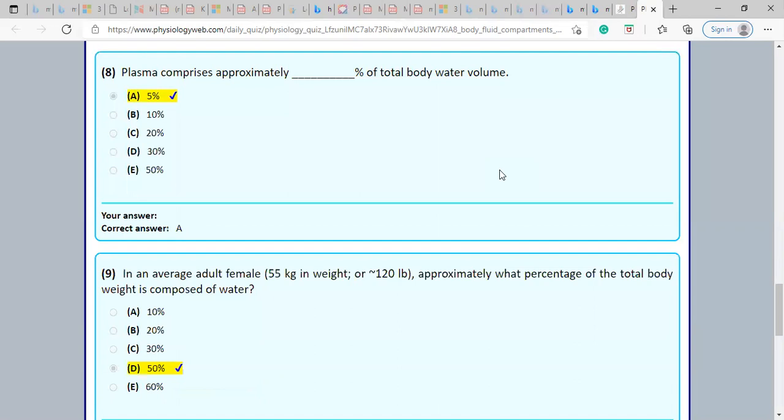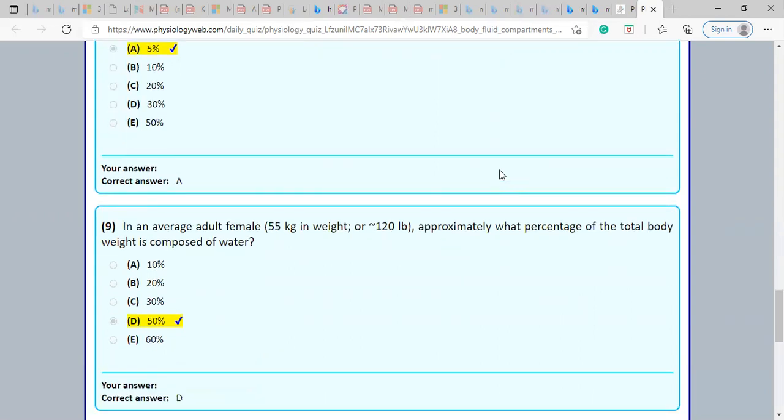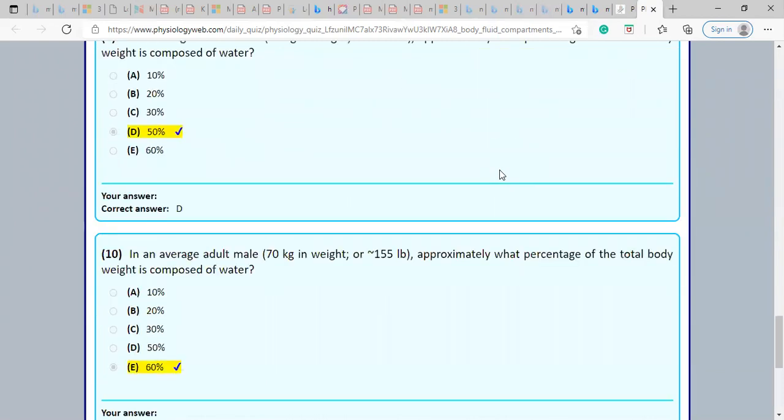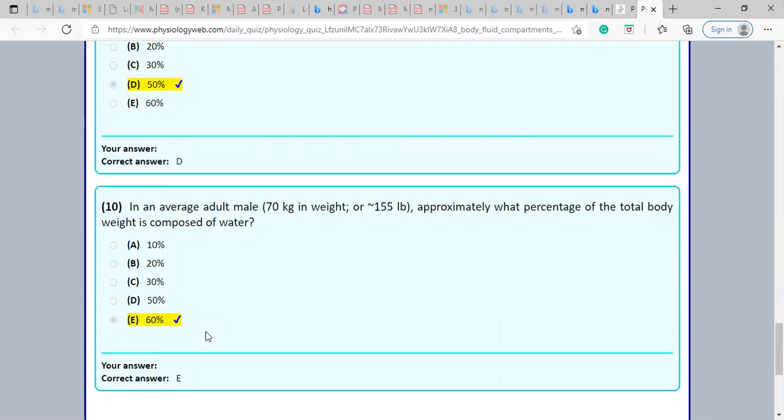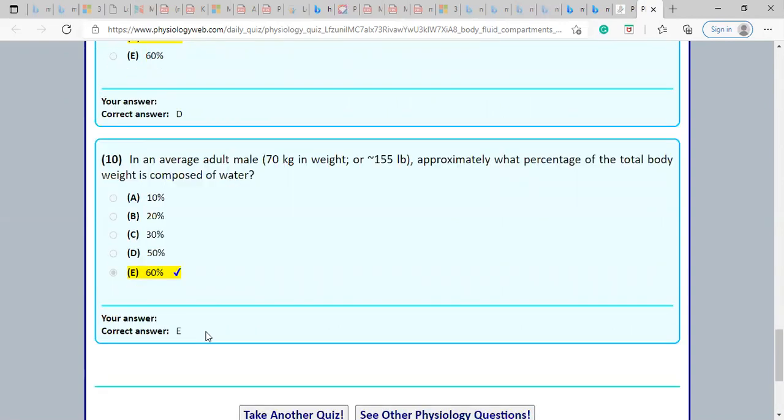In an average adult female, what percentage of the total body weight is composed of water? 50%. And this one, 60%. So for a 70 kilogram person it is 60%, for a 55 kilogram person it is 50%, but I think it's an approximation they did.